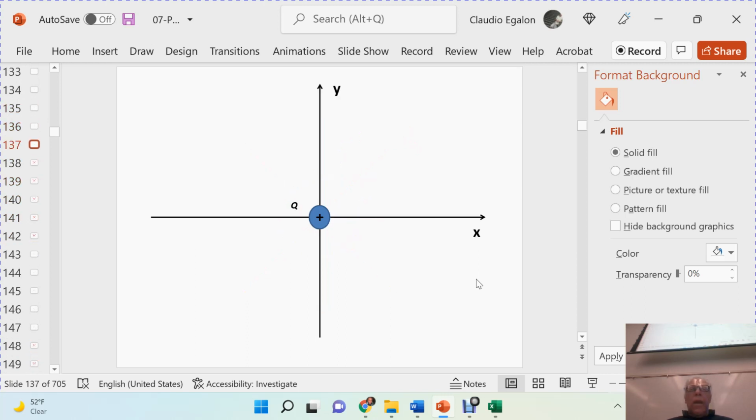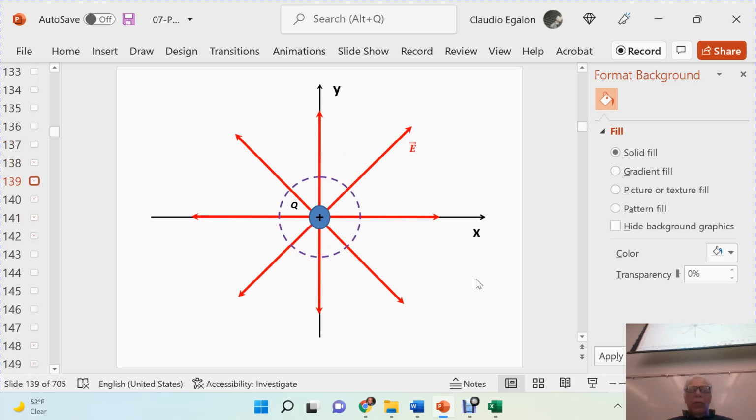X and Y, center of the charge, electric fields are in the radial direction. We have a spherical surface that has an area vector that's parallel to the electric field. We just did that, right? Those area vectors are normal to the surface.